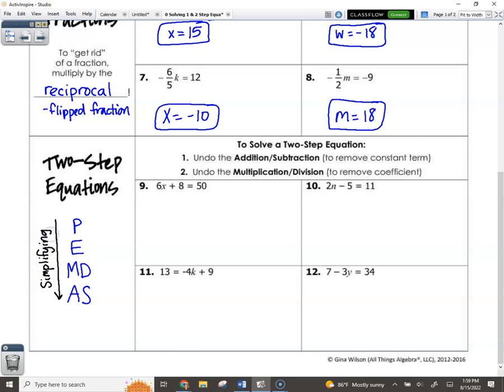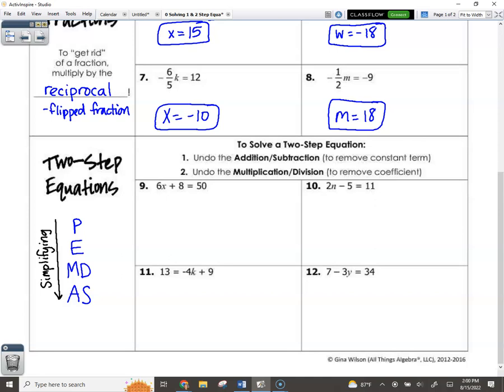Turn your paper sideways and write simplifying. When you're simplifying, you do parentheses, exponents. Then you do multiplication, division as you read it like a book. That's why M and D are side by side. They can be interchangeable. It's always like a book, whatever you come to first. And then addition and subtraction are like a book. It's whatever you come to first. It's not, I have to do addition before I do subtraction. That's wrong. You do them as you read the equation.